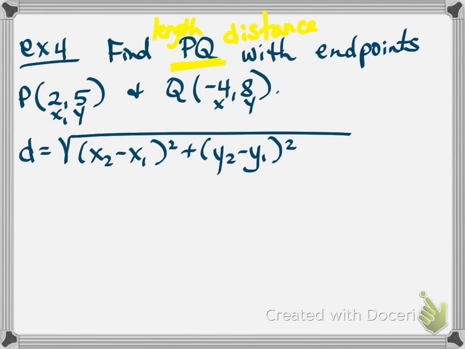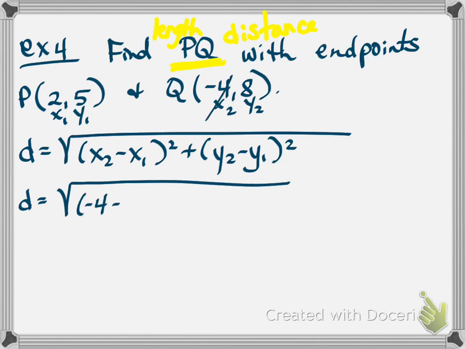You're going to let one of them be the x1, y1 point, and the other one is the x2, y2 point. And then we just fill this in. So d equals the square root of x2, which is -4, minus x1, which is 2, squared, plus y2, which is 8, minus y1, which is 5.